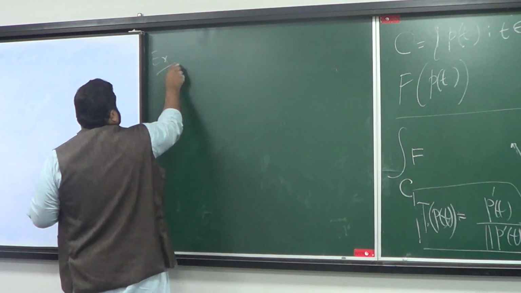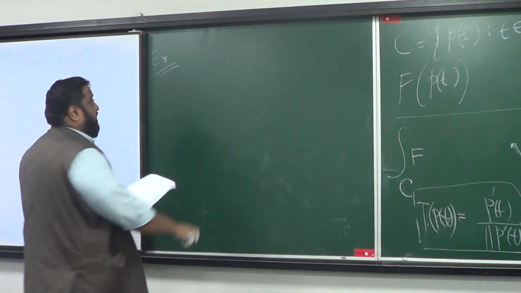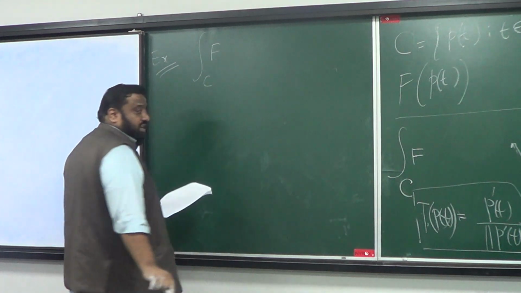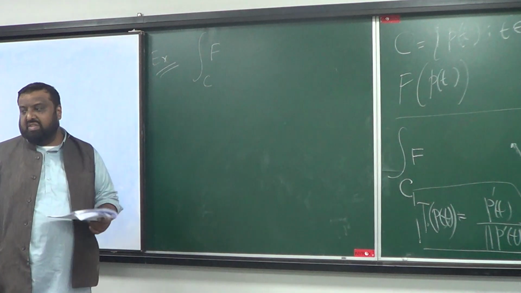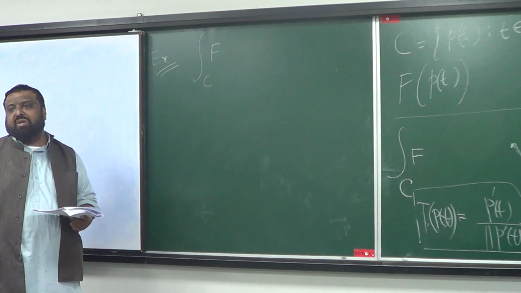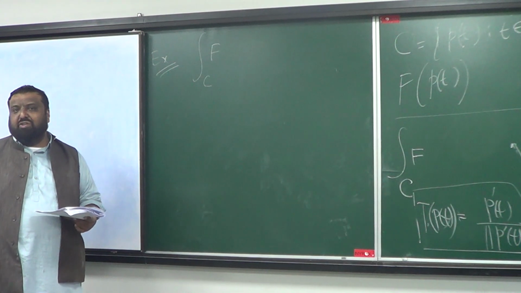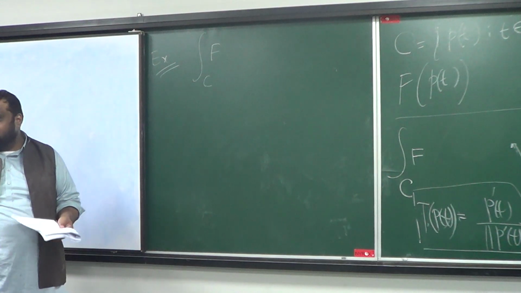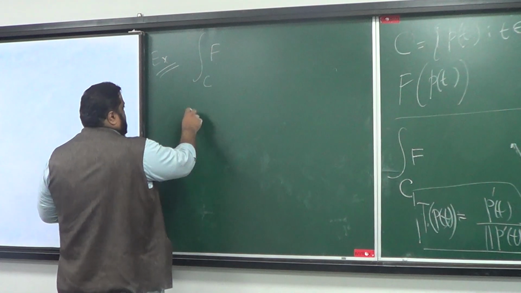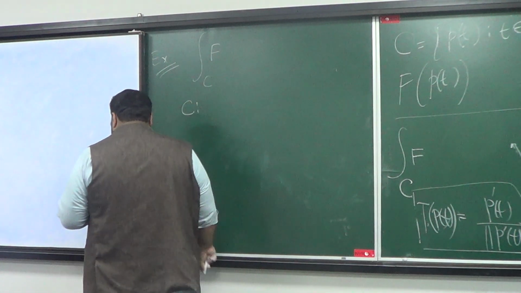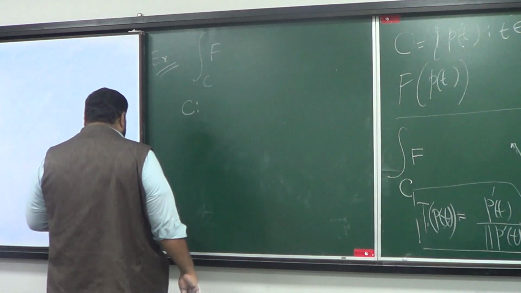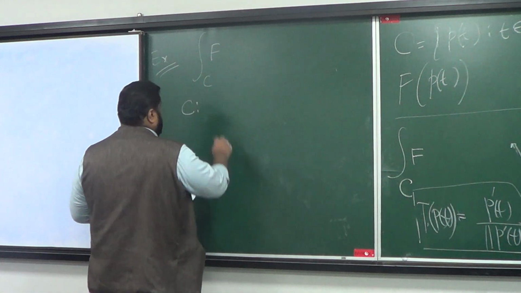So here's an example for the computation of the integral of a vector field. In other words, I would like to compute what would be the integral of a vector field on a curve. So what do you need? For the curve you need parameterization, and for f you need its definition. That's essentially the two things that you need. So imagine the curve C that is given to me is a semicircle actually.